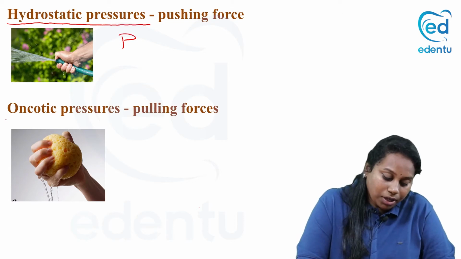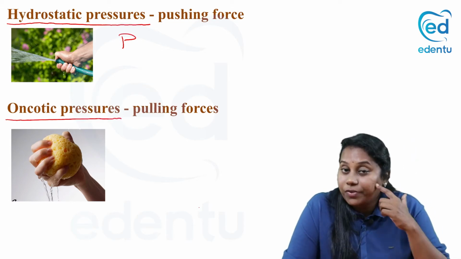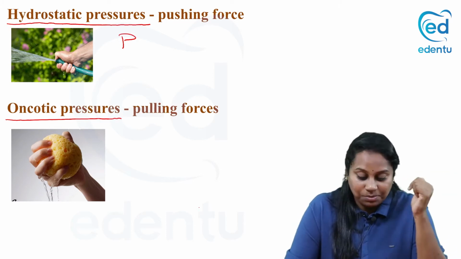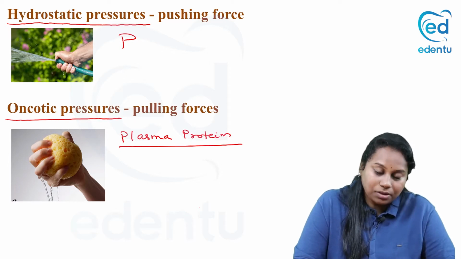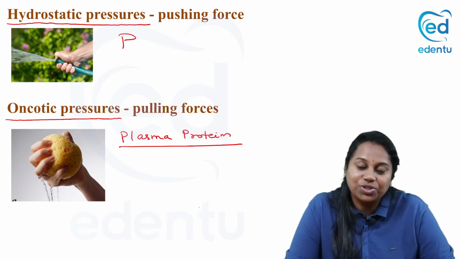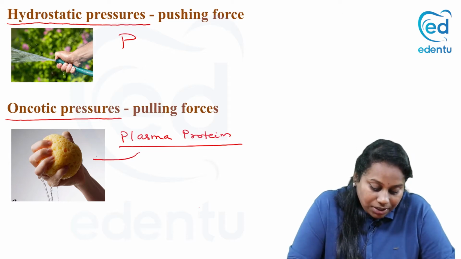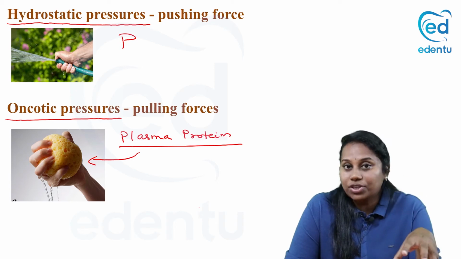What about oncotic pressure? Oncotic pressure is contributed by what? Think. Yes, it is contributed by plasma proteins. What are the plasma proteins? Albumin, globulin and fibrinogen. You can imagine these plasma proteins like a sponge. What will happen if you put a sponge in water?